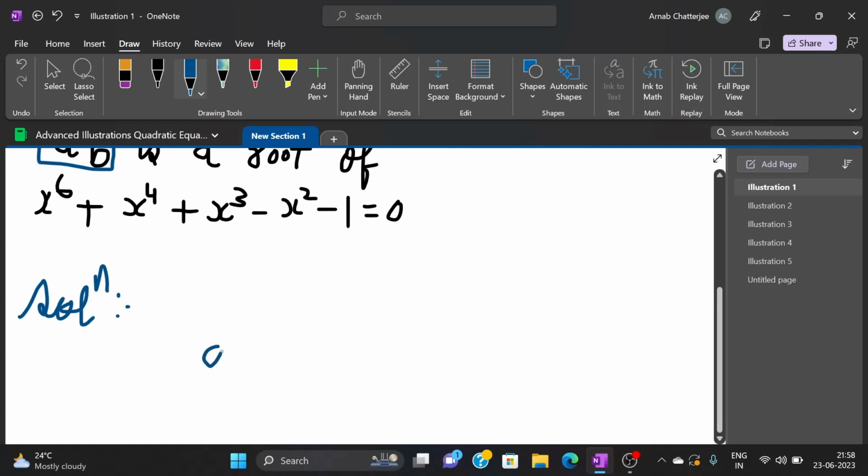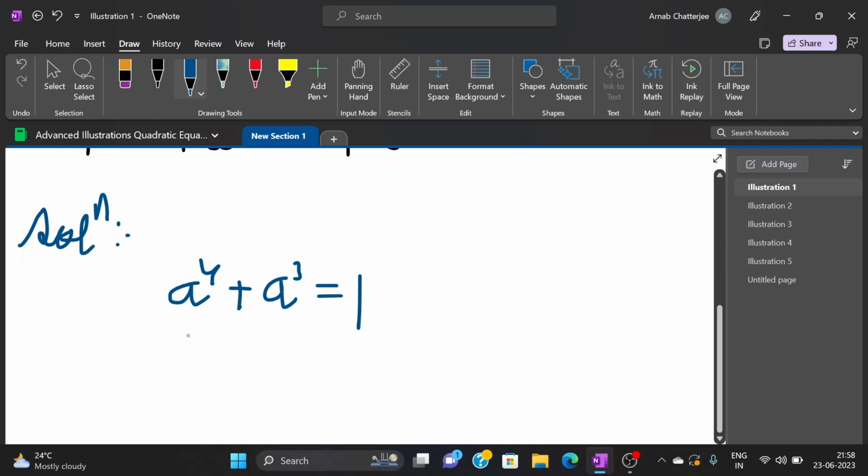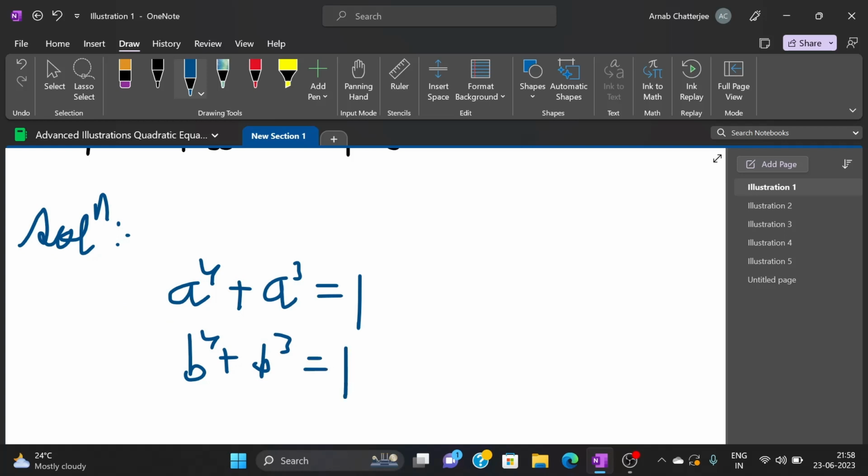One thing that could be thought is that we can write a to the power 4 plus a cube equal to 1 and b to the power 4 plus b cube equal to 1. We then multiply both these equations and generate the ab terms.